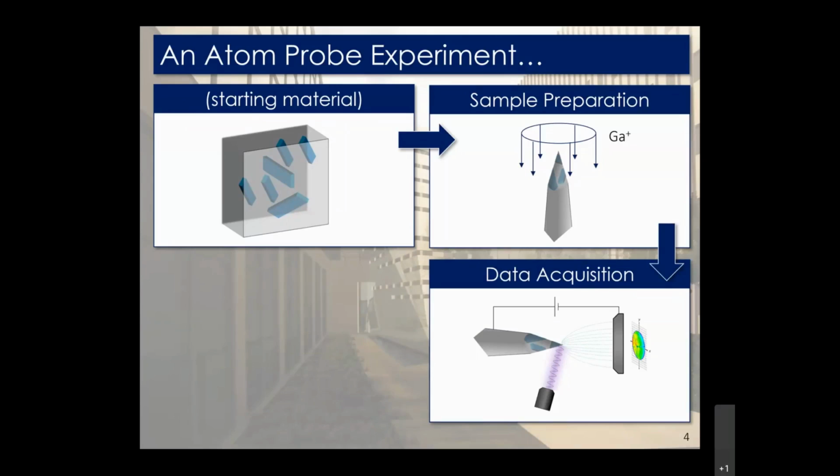This is the part of the atom probe experiment that actually uses the atom probe tool itself. And so far on this process flow of an atom probe experiment, from starting material to data acquisition, this is what we covered in the last webinar. If you want to refresh on that, you can look that up.